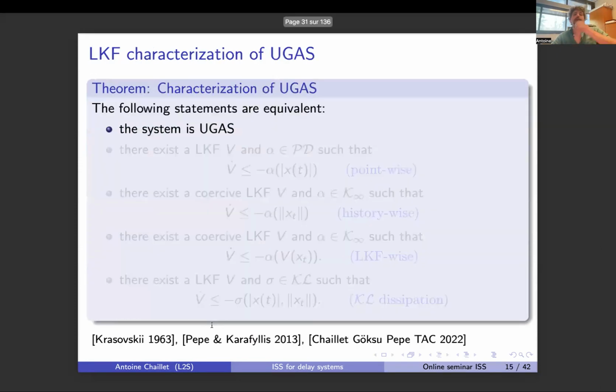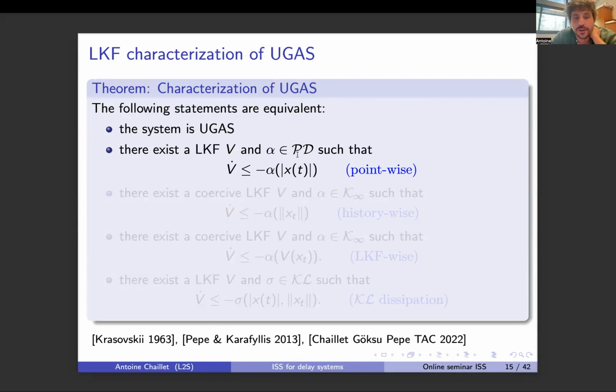All right. So how to ensure this U-GAS property in practice? Well, there is this multiple Lyapunov characterization that I can show you. It's equivalent to requiring that the system is U-GAS and to require that you have a Lyapunov-Krasovskii functional and alpha positive definite, PD is positive definite, such that V dot dissipates pointwisely.